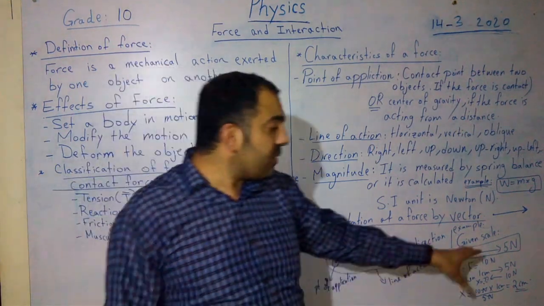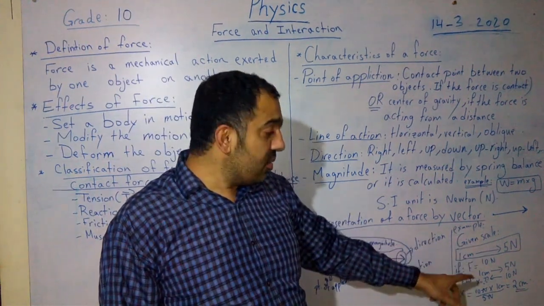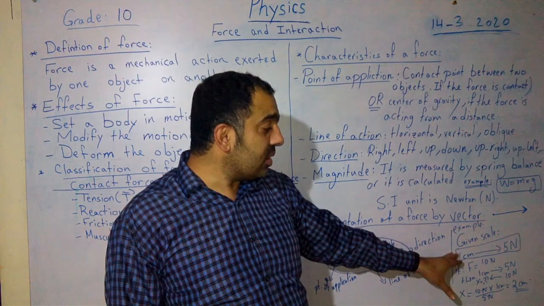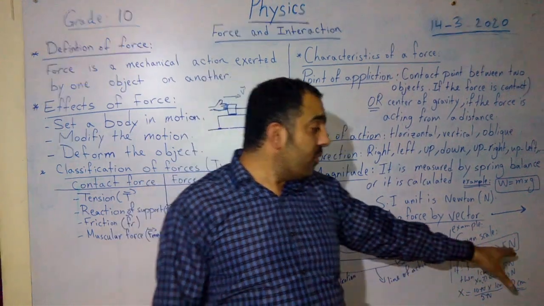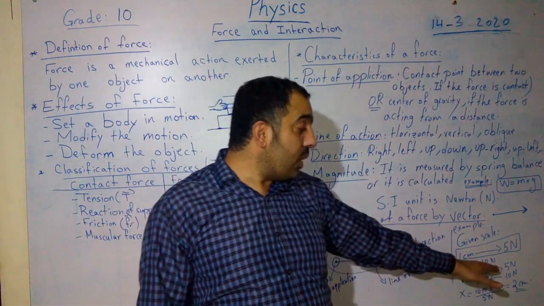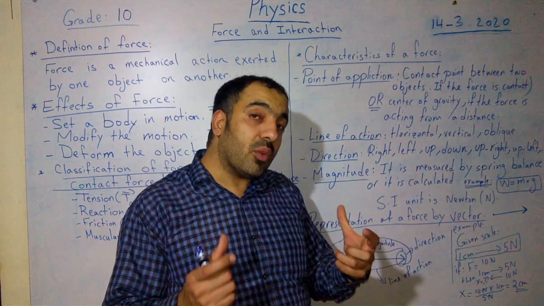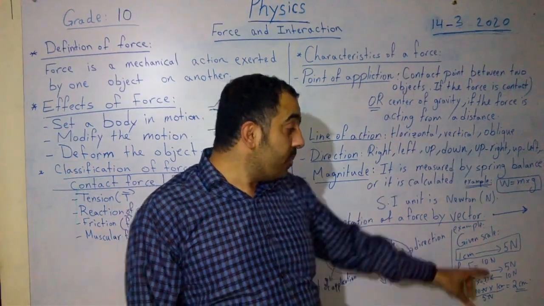Here we have the following example. If the given scale is 1 centimeter equal to 5 Newton, and the force is equal to 10 Newton, we can calculate the length of the vector. How?